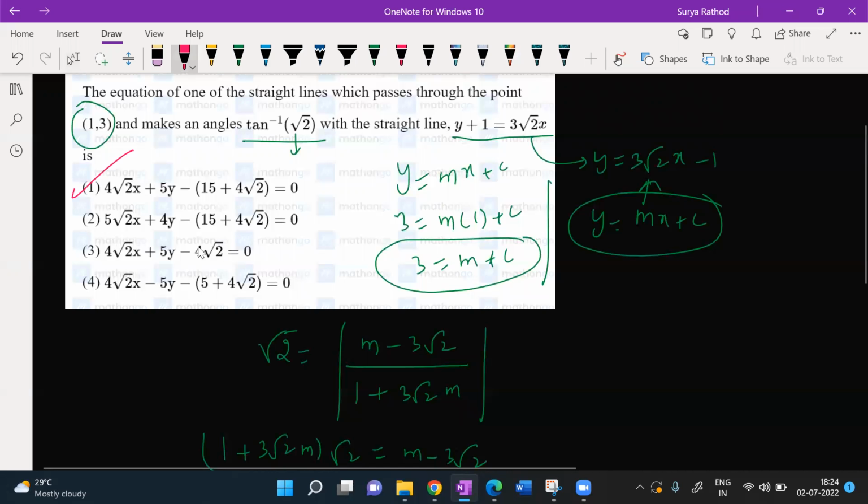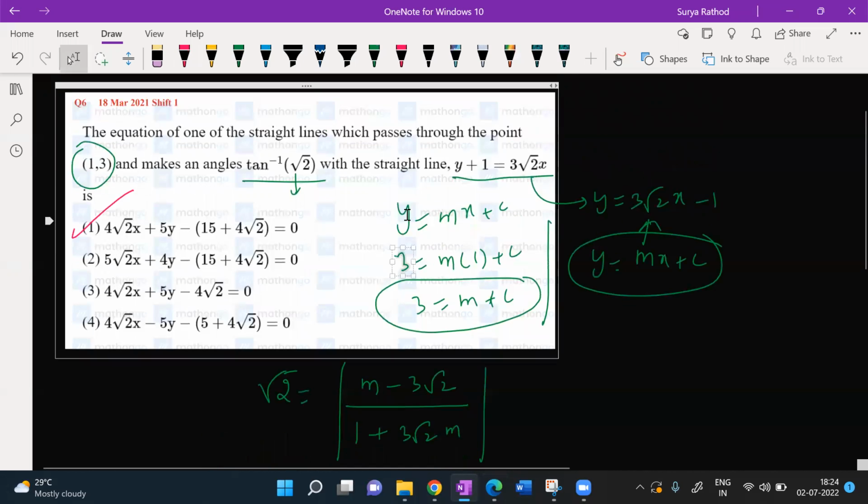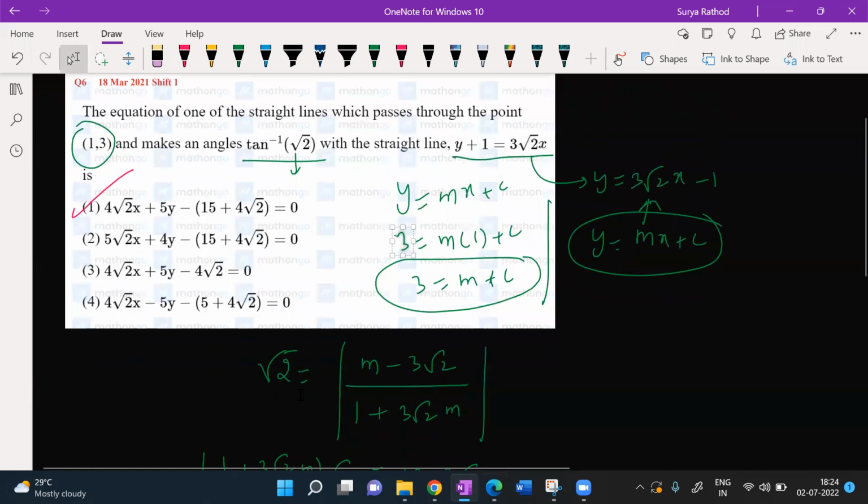But how, Jaffer, can you explain once? You got the m value. We need to find the equation. That's it. Very simple. Find the m value. Jaffer has done it, but he is not explaining. I don't know why.